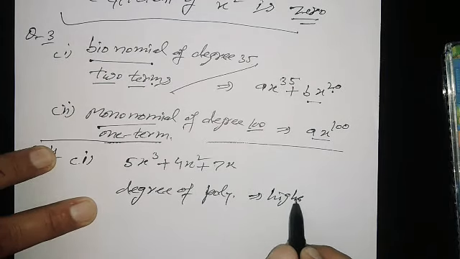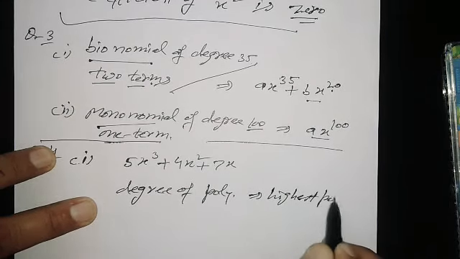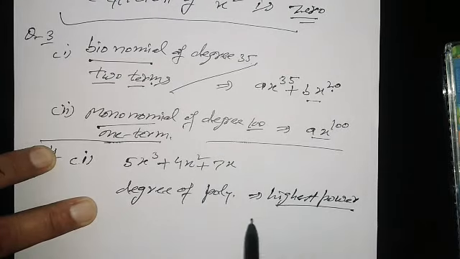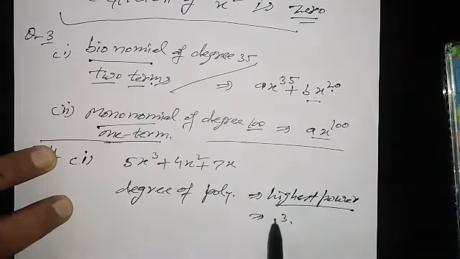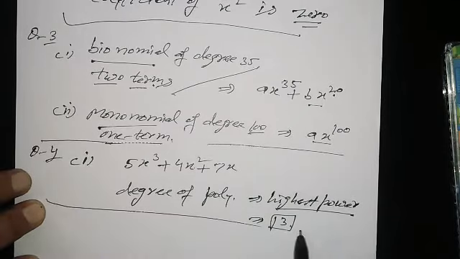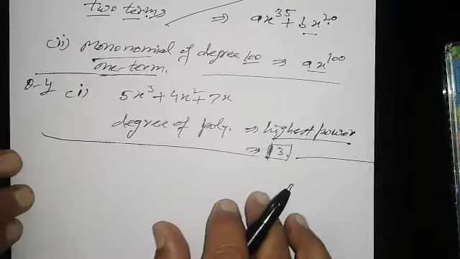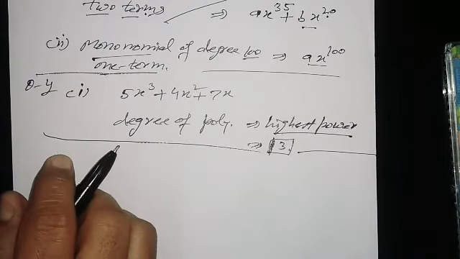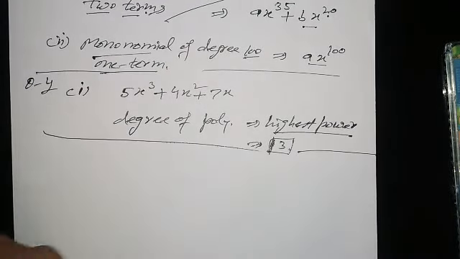What is the highest power of a variable? That is 3. So the answer is 3, right? As you know, very easy questions.